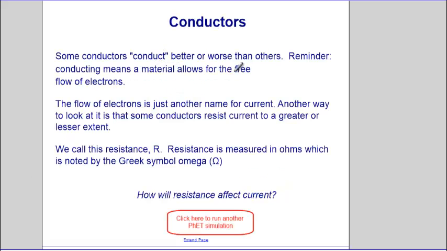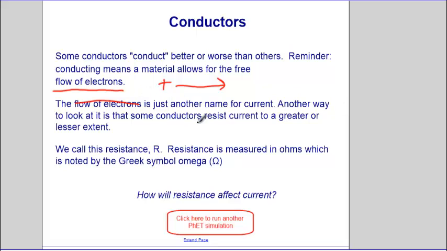Some materials are better conductors than others, and again, we want materials that allow for the free flow of electrons. And again, I'll just remind you, it's no secret, even though it's the flow of electrons, we say that positive charges are the ones that are moving. The flow of electrons, or charges, we should say, is just another word for current, because it's not always electrons.